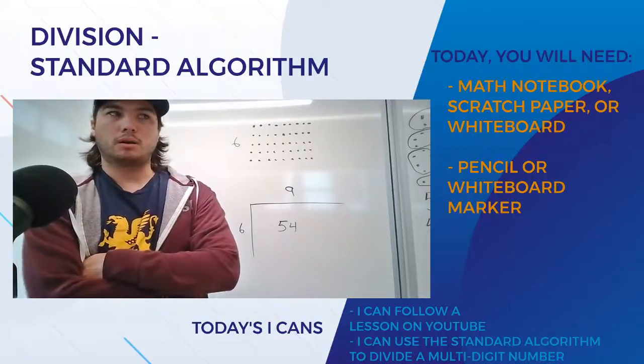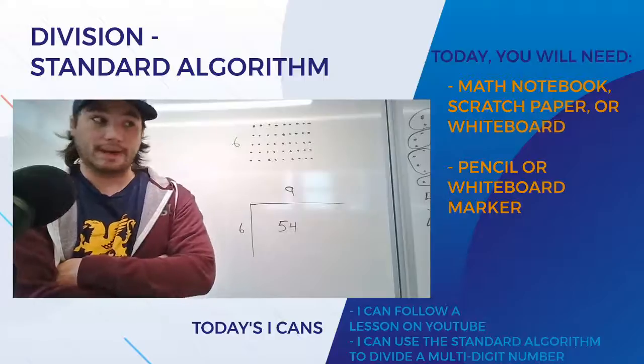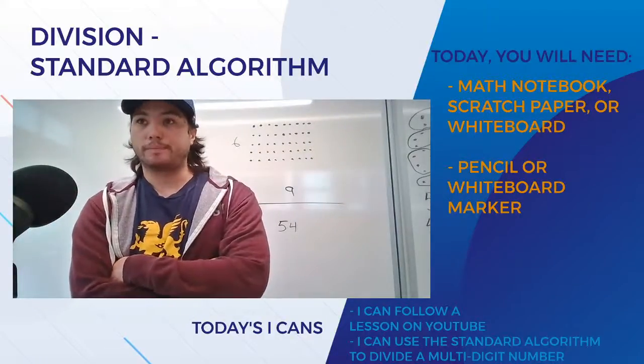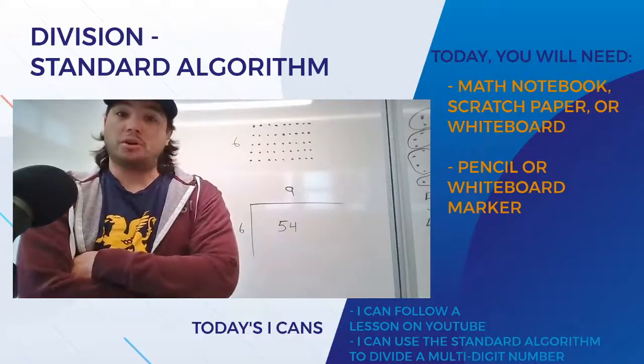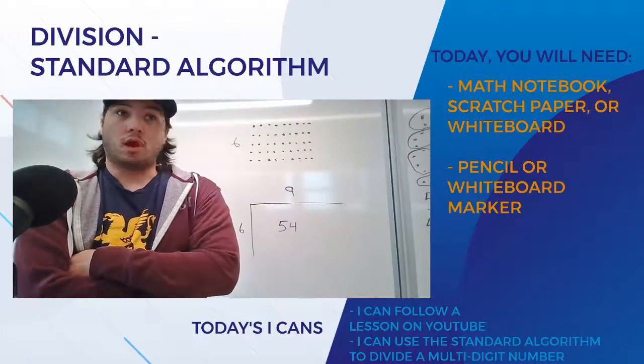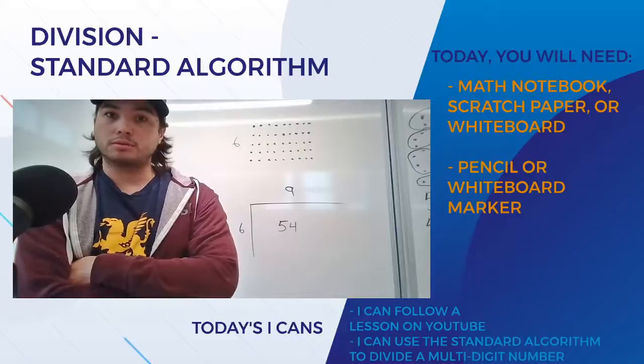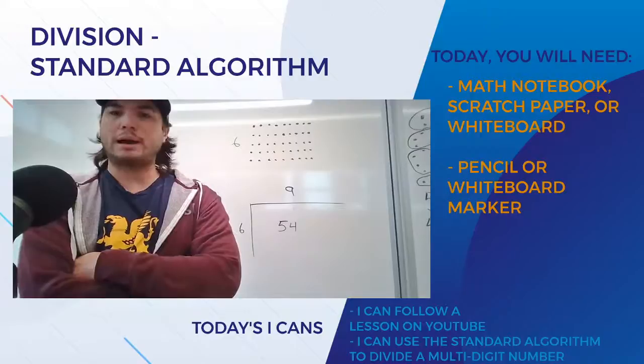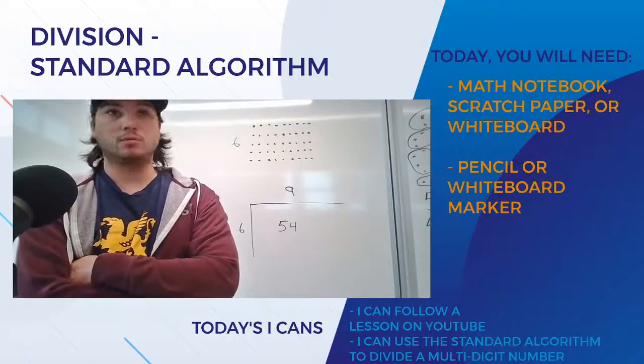So our demo problem for today is going to be 492 divided by 3. Now, obviously, we could draw out 3 rows with a certain number of columns to make 492 total, but that would take quite a long time. So we're not going to do that.